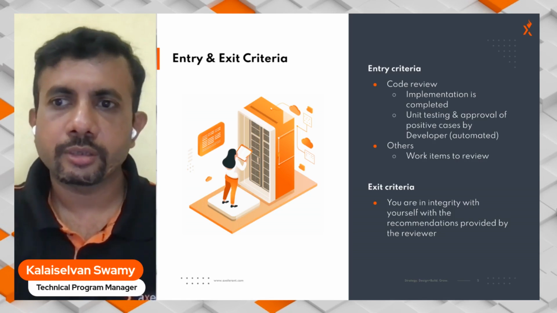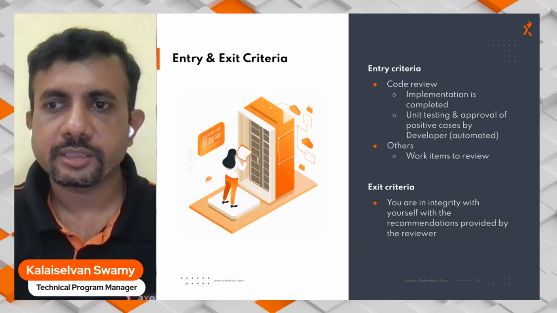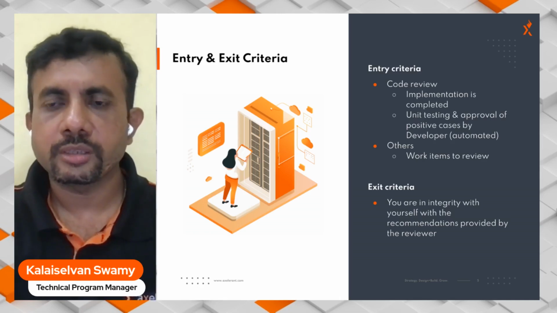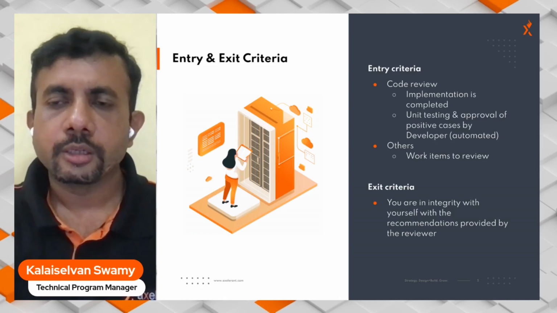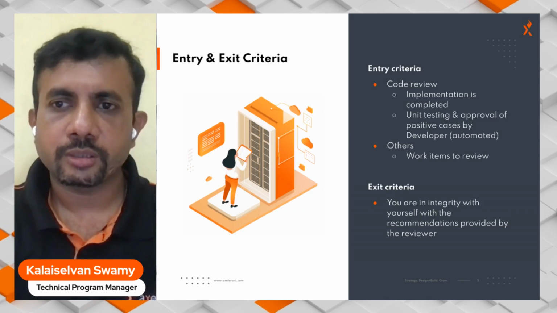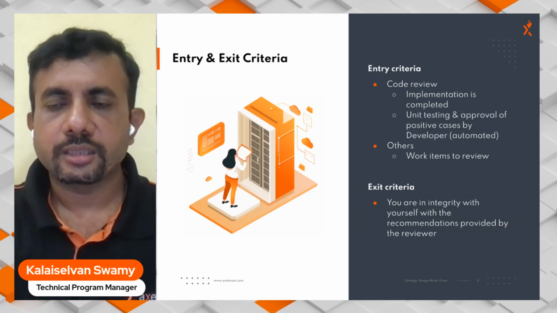This allows the developer to do the testing before it's formally handed over to the QA, and the QA need not be involved because it's automated. So the developer can run the automated test cases here, test things by themselves, mainly the positive test cases, and they can ask for the peer review after that.